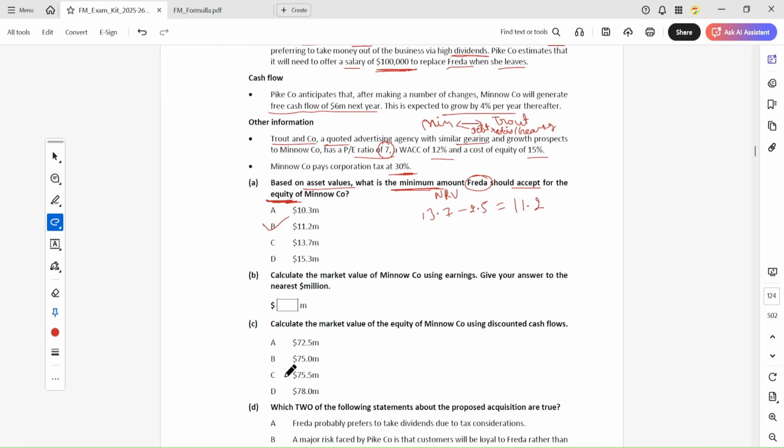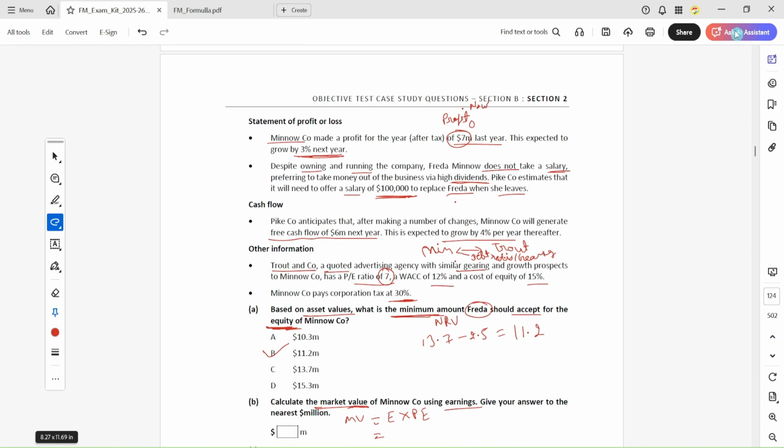Next, calculate the market value of Minnow using earnings. Give your answer to the nearest million. So we have to calculate the value of the Minnow company using earnings. Using the earnings side, we will get the market value.